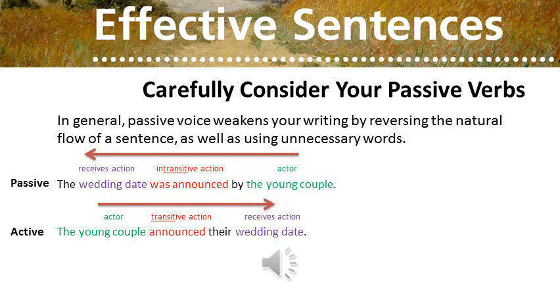The action goes against the structure of the sentence. What you should write is the young couple announced their wedding date. In that case, the subject is the actor. The verb is an action verb, that it is transitive, there is a subject for it, and then the wedding date, it receives the action. So that's what you want to try to do. Write in active voice as much as possible.